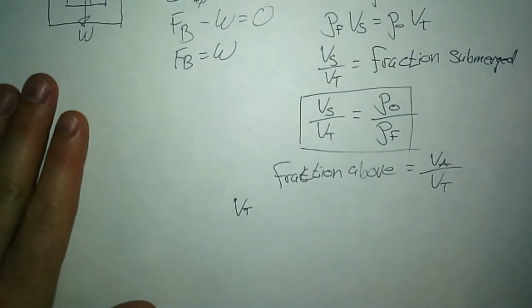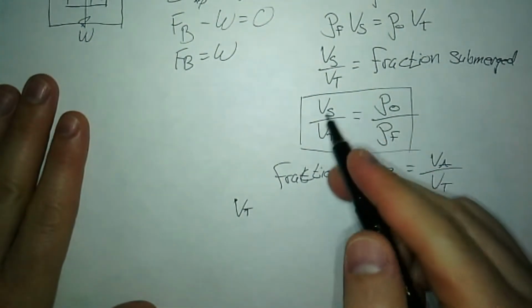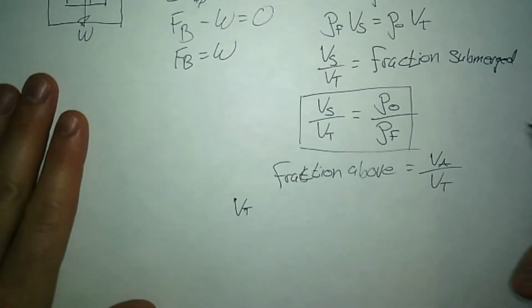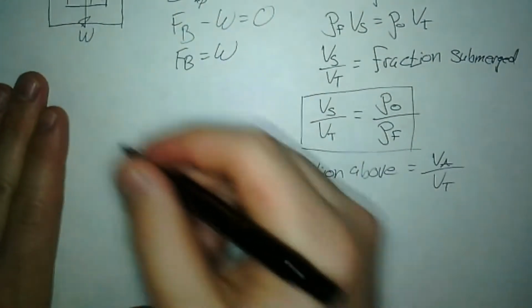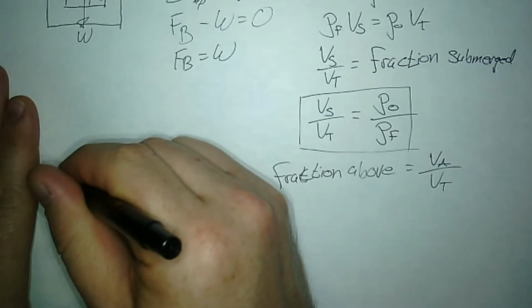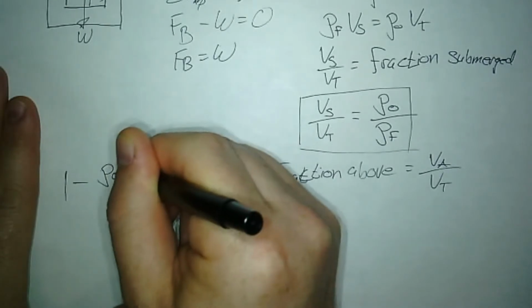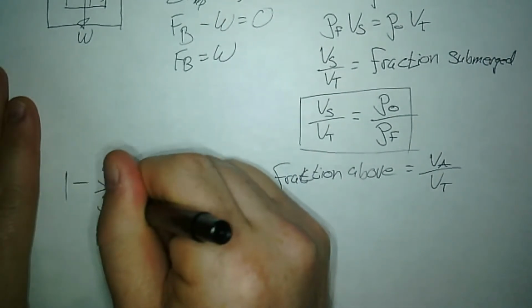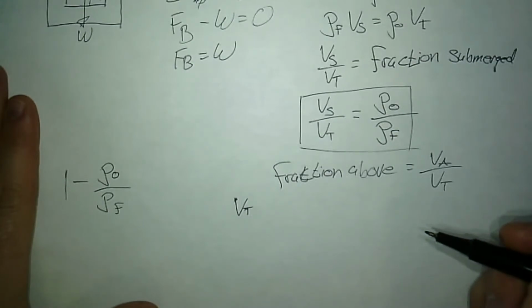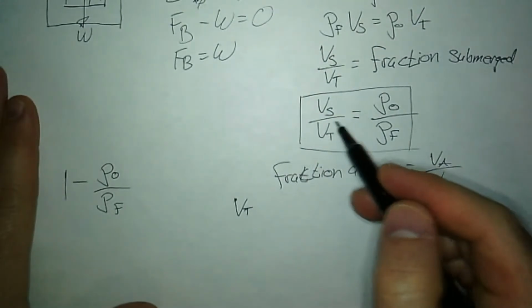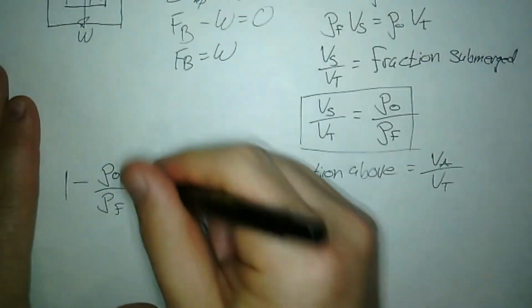This is probably more work than you guys really need. I mean, the short version is I'm going to do 1 minus this term will get me the fraction above. But now I'm going to prove it, and I think it's going to take more work than you guys are going to see. But prediction, the answer is going to be 1 minus rho object over rho fluid. Because you can just do 1 minus both sides, because 1 minus this will equal 1 minus that, right? Is fraction above.